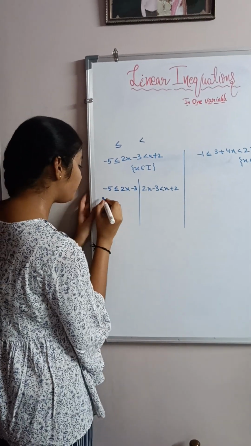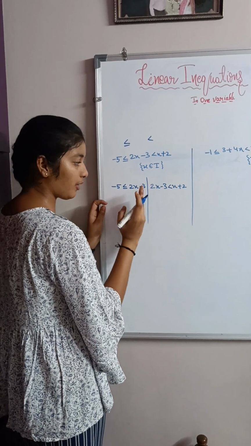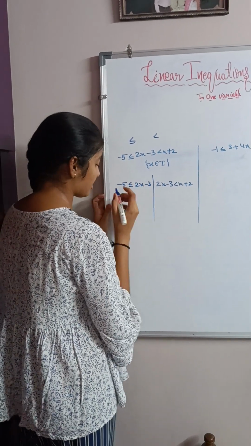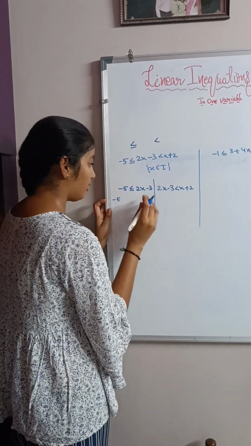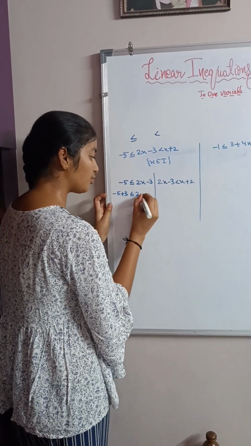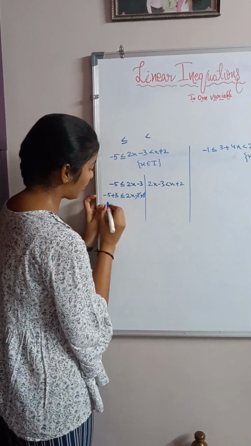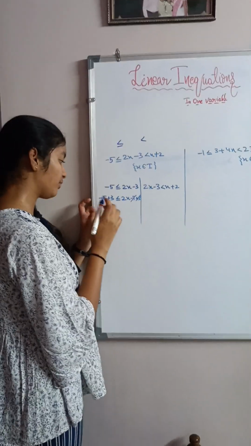As we know, what we need to do here, we need to eliminate 3 from the right side. So we should add plus 3 to 2x minus 3. This 3 will be eliminated, and what's the answer that we will get here?